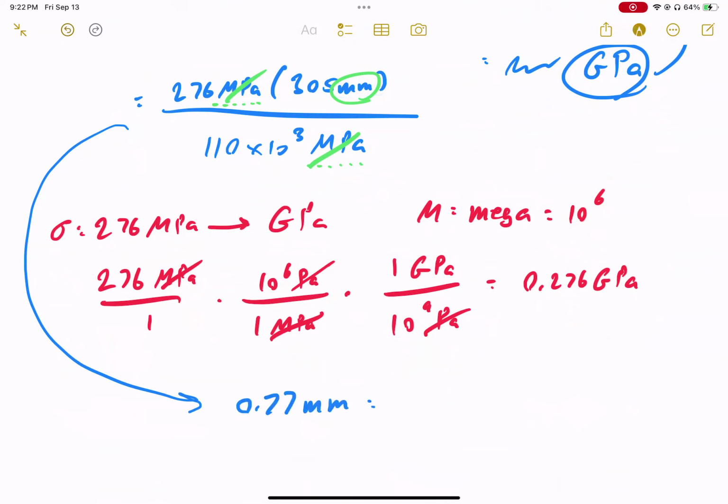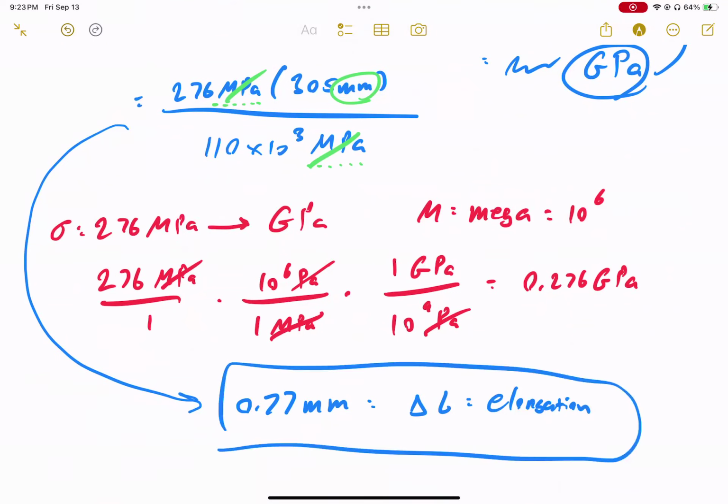This is the value that represents delta L, the change in length, which is synonymous with elongation. So that is our final answer. The megapascals are in the numerator and denominator, so they cancel out, and millimeters is the only unit left.